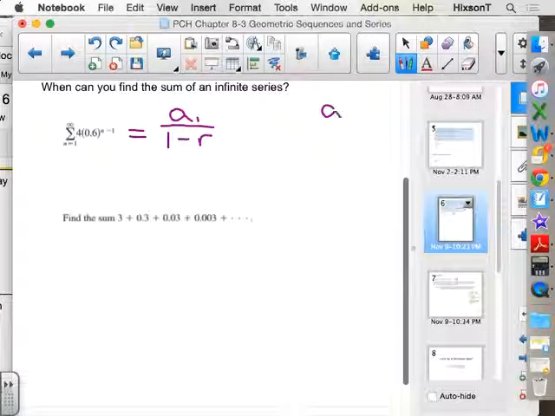What in this case would a sub 1 equal? 4. 1 minus 1 is 0, so 0.6 to the 0 is 1, times 4 is 4. What is r? 0.6.